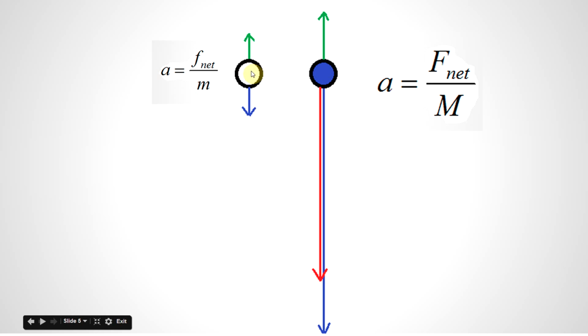It's reached terminal speed on its way downward, as opposed to the golf ball, which is still speeding up, moving downward faster and faster every second. If it gets fast enough, eventually this green vector upward will cancel the blue vector downward, but it's got to be going a lot faster before that's going to happen, before it reaches its terminal speed. So that's why with air resistance, this denser object, this golf ball, is going to win over the ping pong ball.